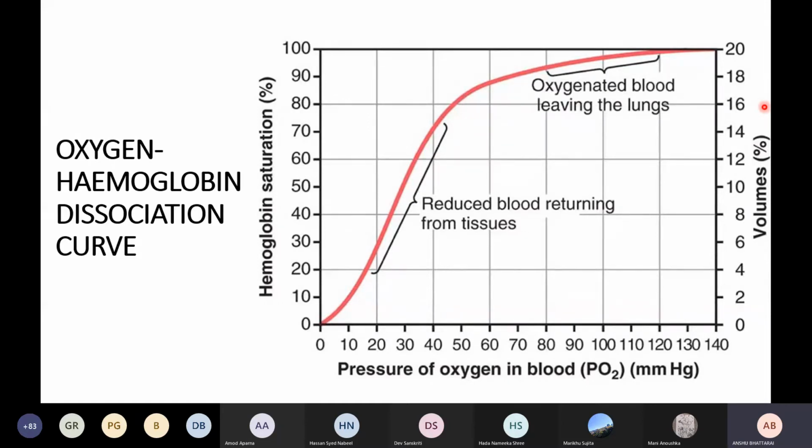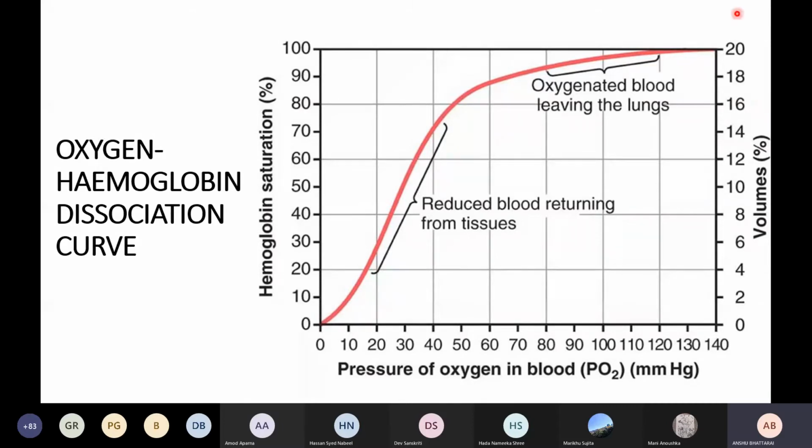Okay, so what happens per minute? I hope you know what is cardiac output. Cardiac output is the output of the heart per minute, right? So it is around 5 liters or 5,000 milliliters. Now per minute, how much oxygen is carried by hemoglobin in the blood?